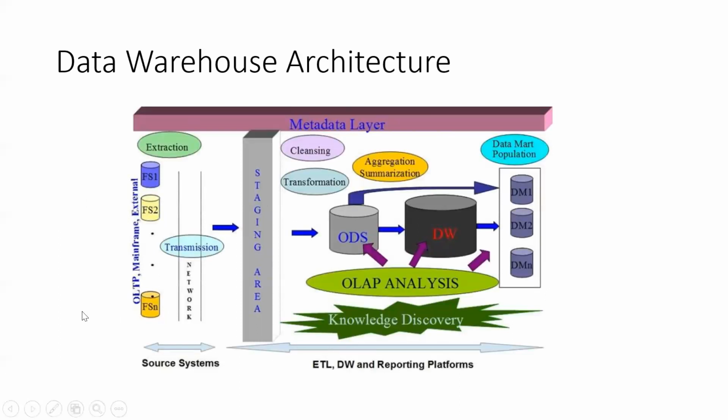This is the entire workflow architecture again, presented with a good pictorial representation. The same thing, the source system. We are not directly pushing the data into the data warehouse from the source system, called the OLTP. We are moving it into a staging area.